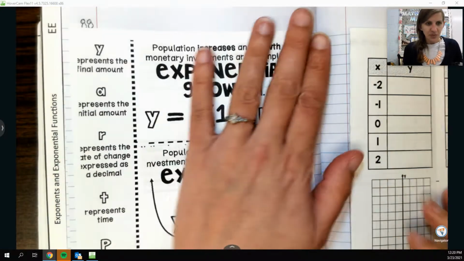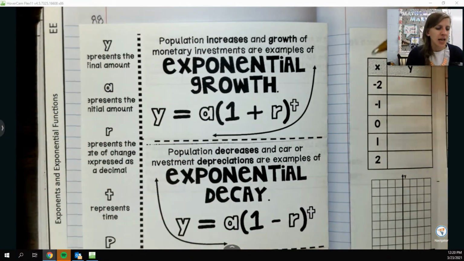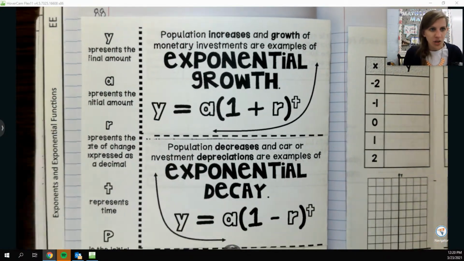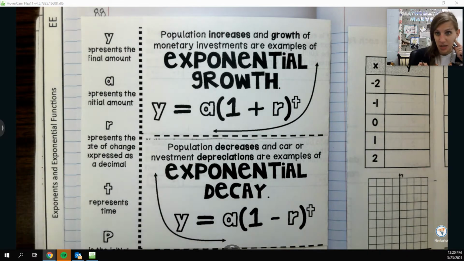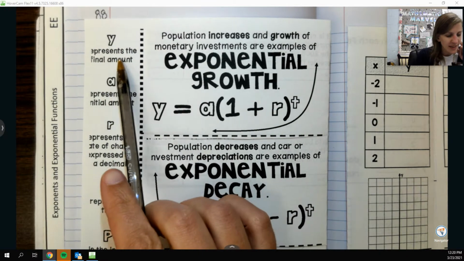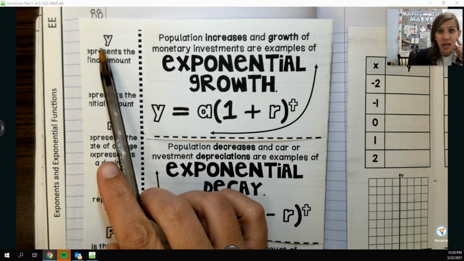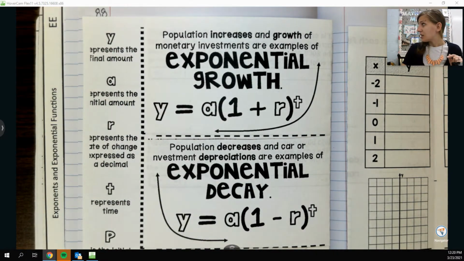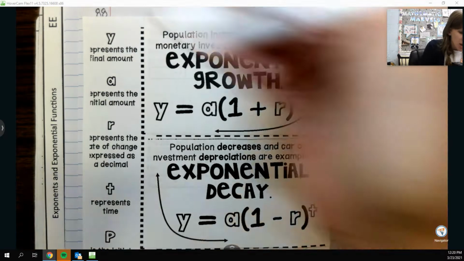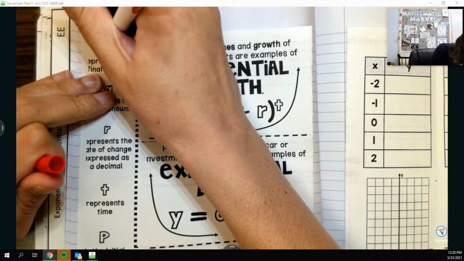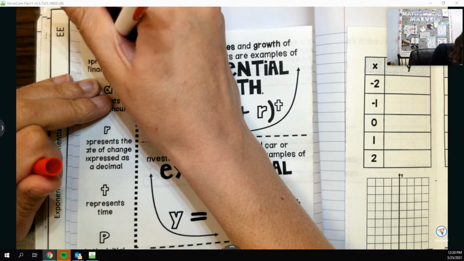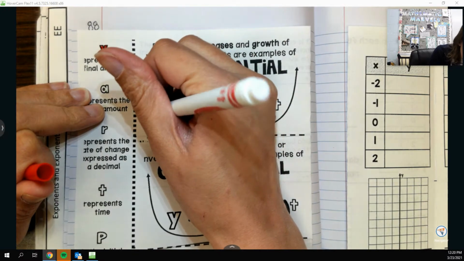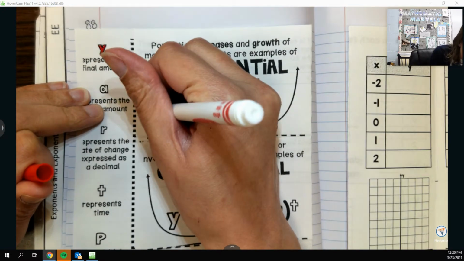So if you take a look at 88, looking here, I want you guys to notice a few things. So along the side, I tell you what each letter stands for. So let's kind of highlight these things a little bit. Red. Normally what we're looking for is our final answer Y, which represents the final amount.